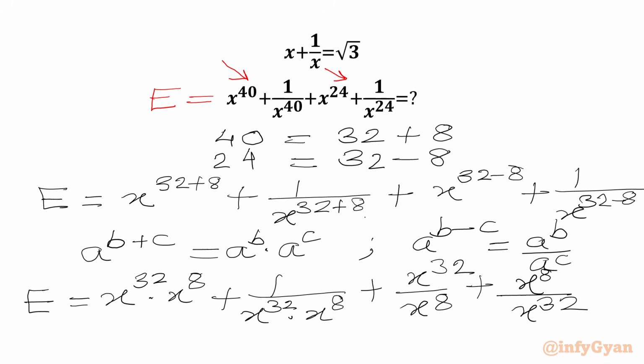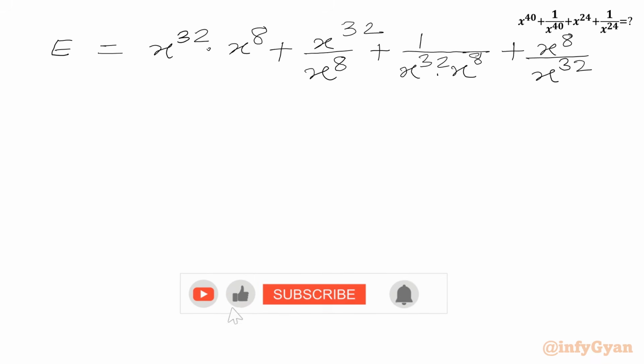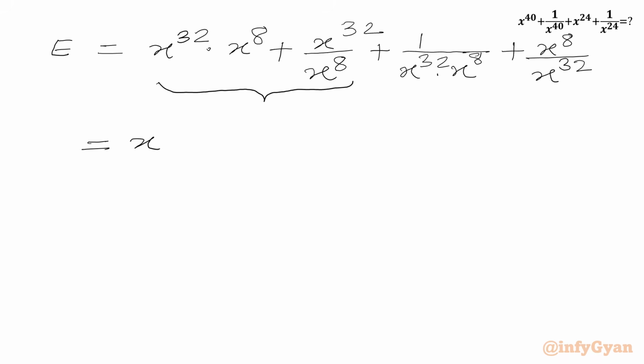Now we will rewrite our expression. I will consider these two terms altogether and these two terms altogether. So let us write the expression first. Here it is. Now from these two terms, we can take x power 32 common out.